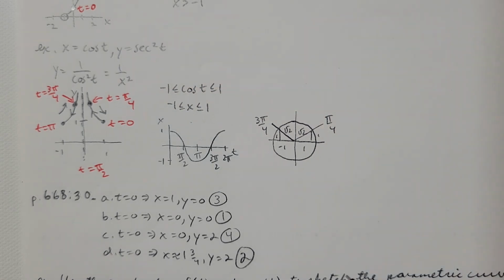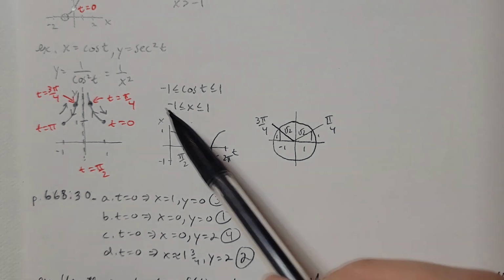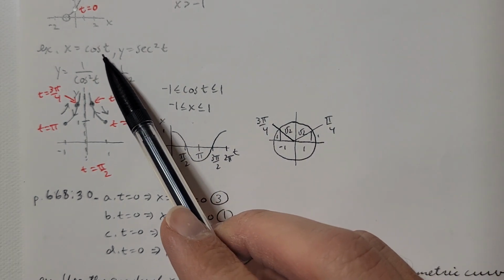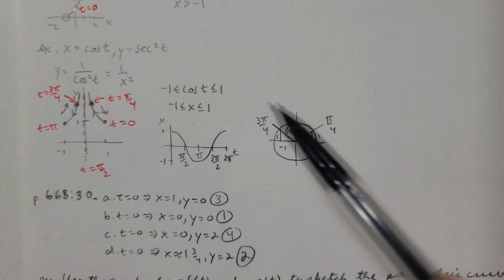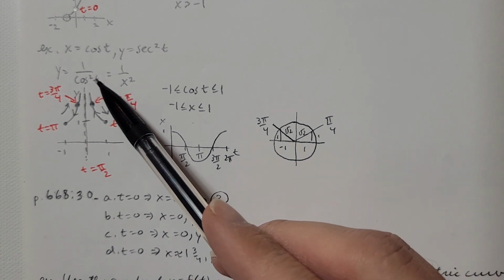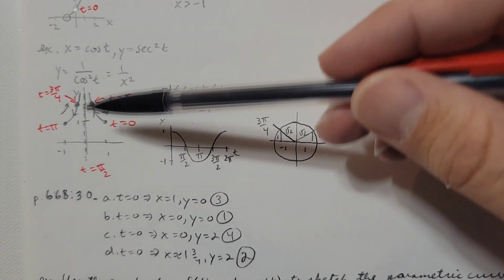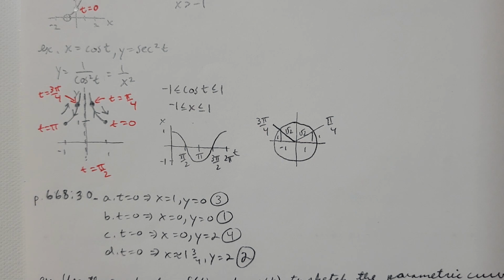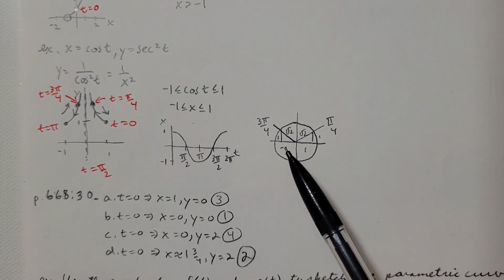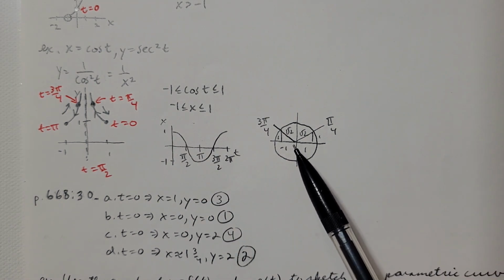And now if t is pi over 2, I have x is 0, cosine pi over 2 is 0, and I can't divide by 0, right? So I'm going to have a vertical asymptote when t is pi over 2. And then if I let t be 3 pi over 4, well, cosine of 3 pi over 4 is adjacent over hypotenuse.